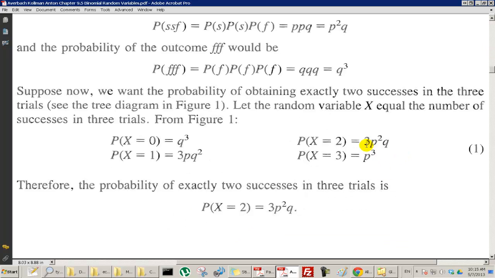Okay, so that's this one. You could do the same thing for this one. You get p q squared, and here you get p cubed. This one was q cubed. Therefore, the probability of exactly 2 successes is this one. Okay, so we have this result.